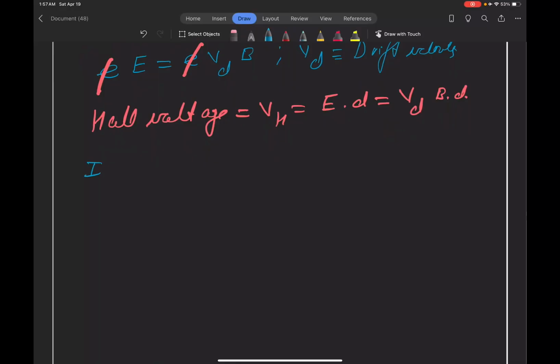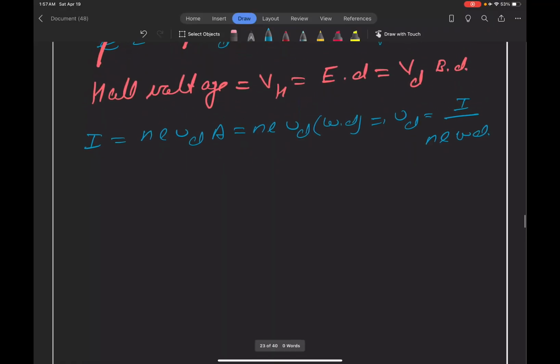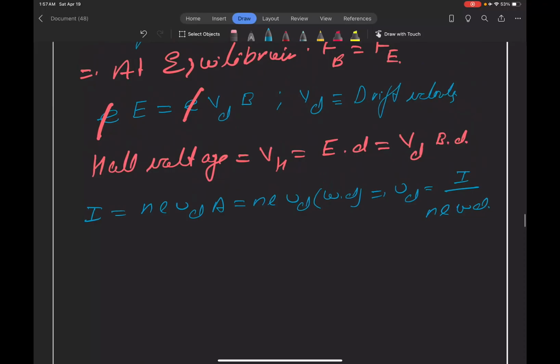We can say current I is equal to nevA, and we have the area equal to W multiplied by d, and this gives us that our drift velocity Vd is equal to current divided by n e W times d, and we substitute it in the Hall voltage. One second, this is our drift velocity, so let me change the notation to Vd, here also, and here also.